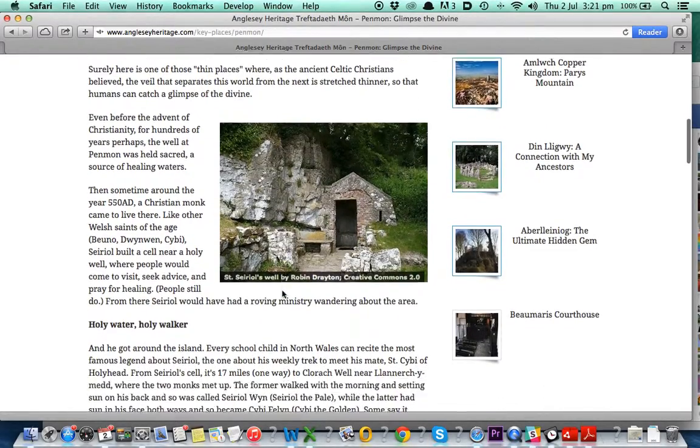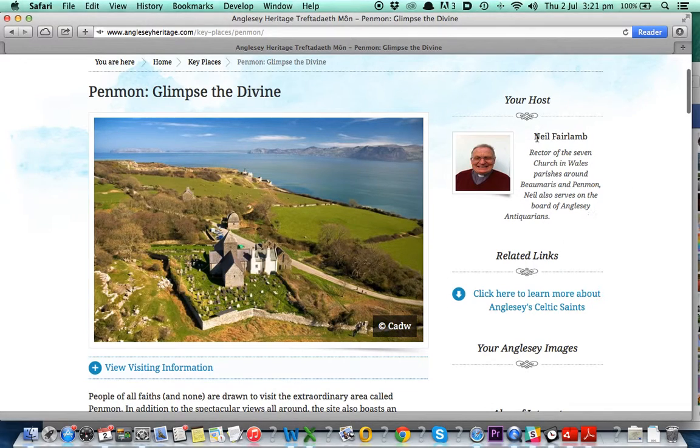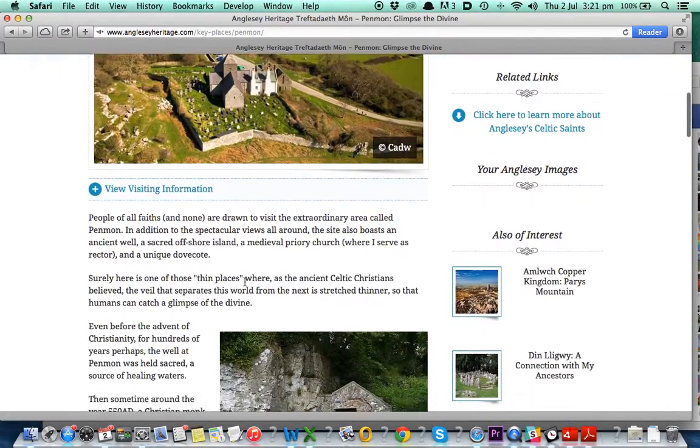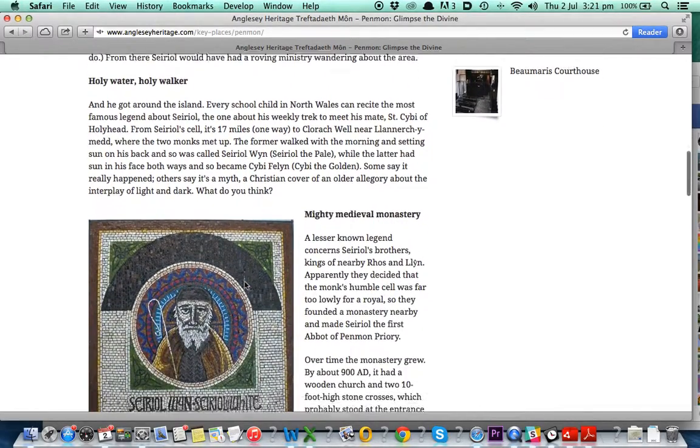So there's a picture of St. Cyriel's Well. The host for this site is Neil Fairlam, who is the rector of 7 Church in Wales parishes around the area, and also this parish here. So he lives and works on this site, so he sees all the tourists who come and interacts with a lot of them. So he was a natural choice to be the host of this page on the website.